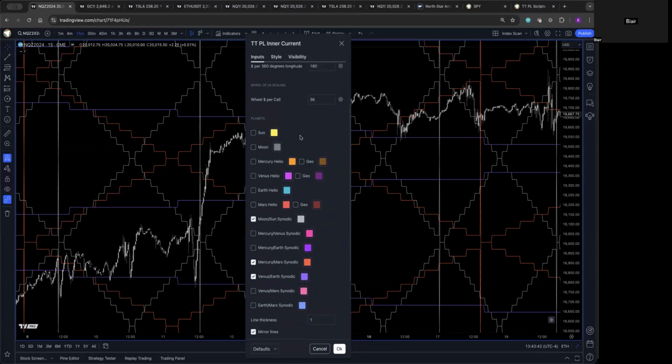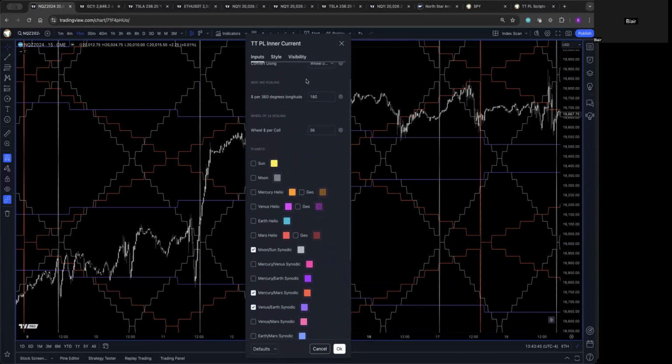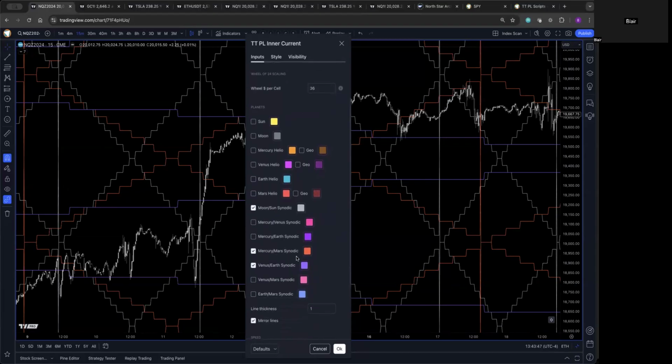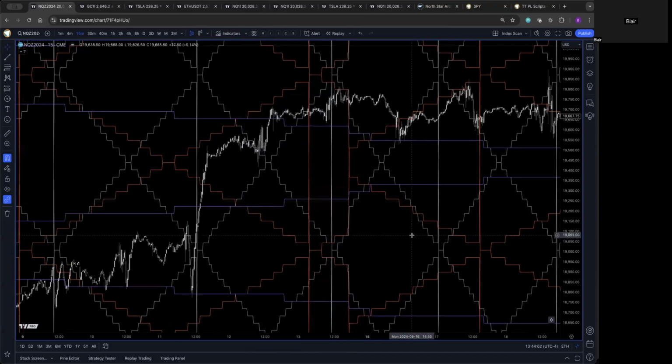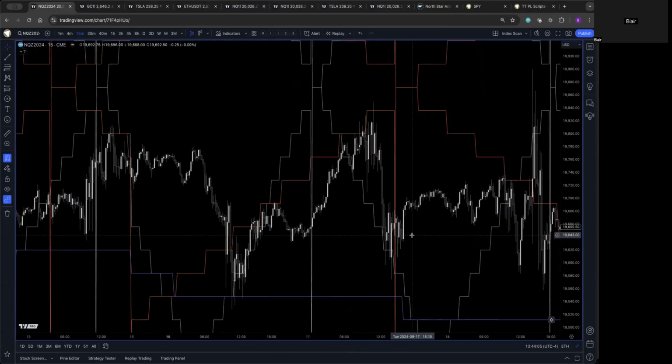But because we're using Wheel of 24, we're looking at 1/15 of that cycle. Mercury, Mars, Venus, Earth. Because we're using 3 synodic pairs here, we're actually looking at the combined effect of 6 planets. And I find this to be quite efficient to view the price action with.